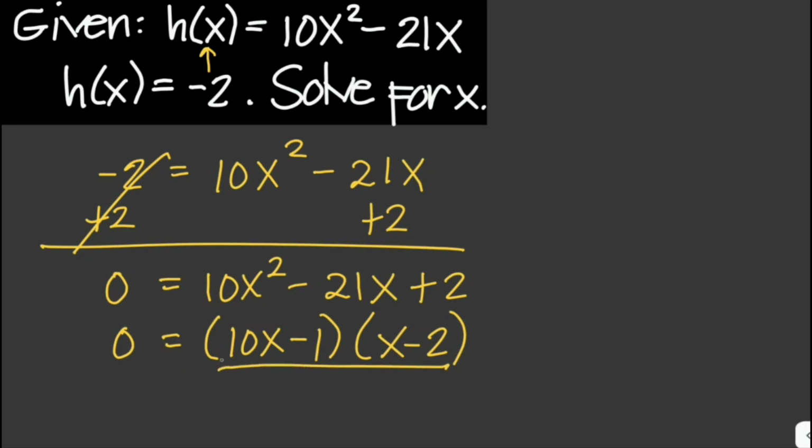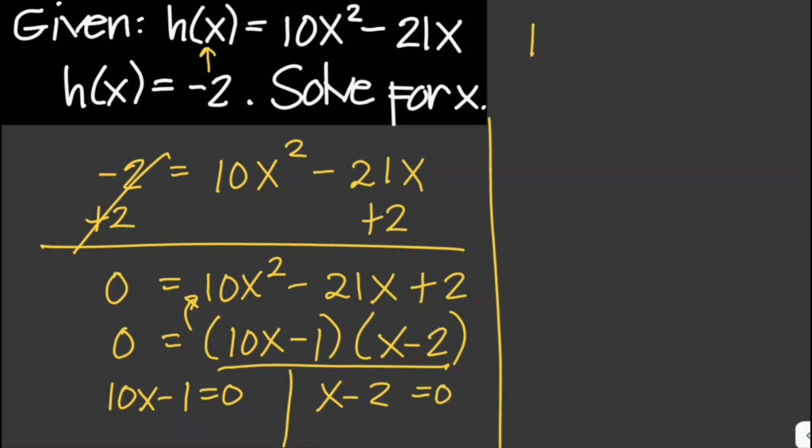When you multiply this one, it would equal this equation by using the FOIL method. Then now we can solve for the value of our x. We just have to set each factor equal to 0. So that would be 10x minus 1 equals 0, or x minus 2 equals 0.